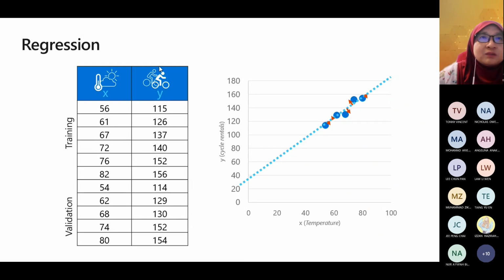So this is the number of cyclists for the bicycle rental company, depending on the weather, the temperature in Fahrenheit. Okay, like that. So this is training. Okay, up till here is the training module.